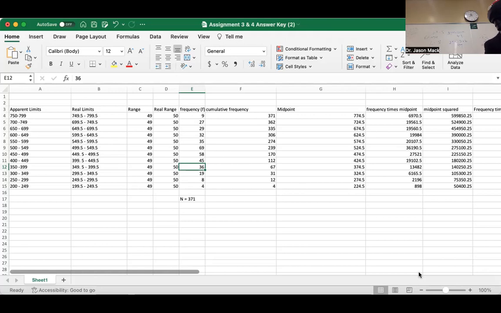I don't think that's a number. 31. Is that right? 19? No, it's 31, plus... 36, right? I don't think I wrote the frequency right there. No, that's right. 31. Wait, how do you get the 31? 12 plus 19.